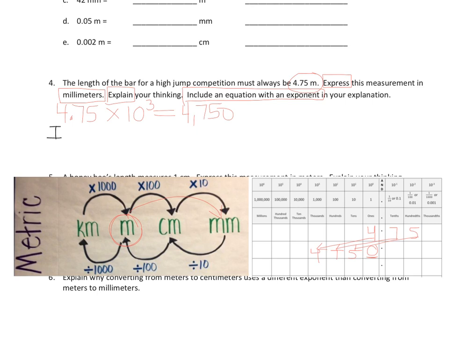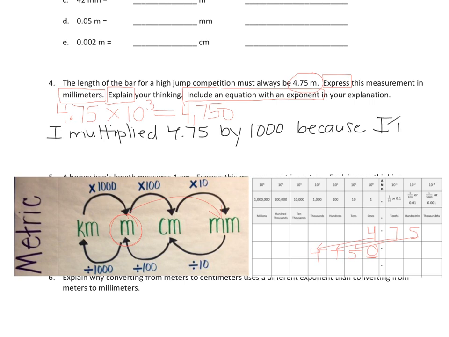We're going to say, I multiplied 4 and 75 hundredths by 1,000 because I'm converting meters to millimeters.